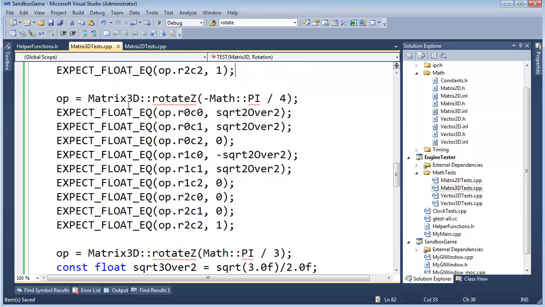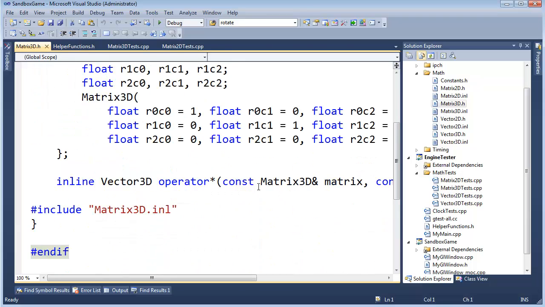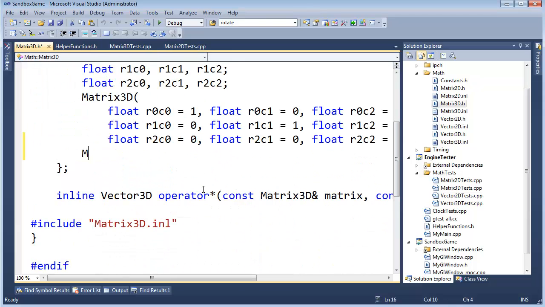Let's go to, well, we need to make rotateZ for Matrix3D. So let's go to Matrix3D.h, and again that's going to be a static factory function. So Matrix3D rotateZ, and I want to say inline on that.